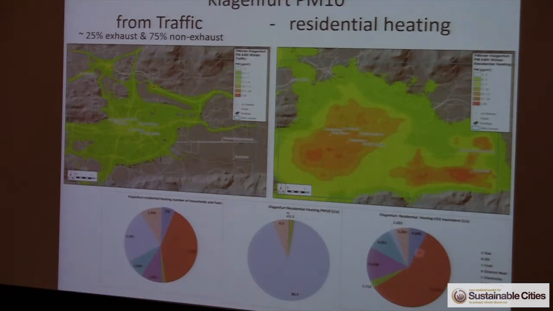However, when you look at the CO2 in tons per annum, there is only a small part which relates to wood burning, and the majority can be attributed to fossil fuels, which are here from blue until the purple.